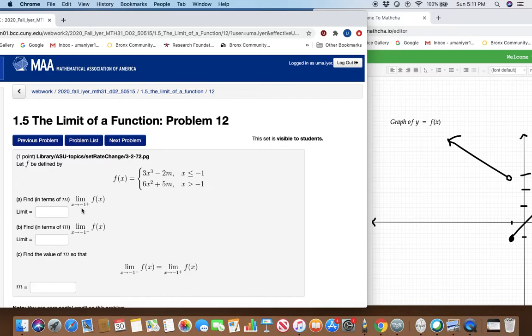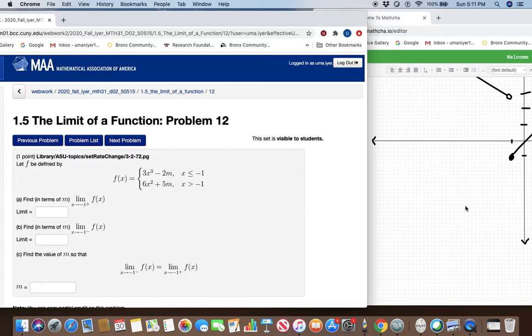When I'm coming to -1 from the right, x should be to the right of -1. In other words, it's the second piece I'm looking at, because x greater than -1 is when you're to the right of it.